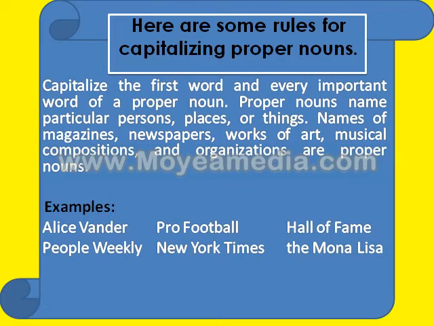But in the Mona Lisa, the letter T is written in the small letter because it's an article and it doesn't name a proper noun. M and L, which stands for Mona and Lisa, are proper noun. That's why they are written in capital letter.